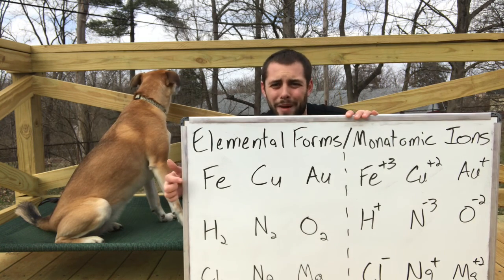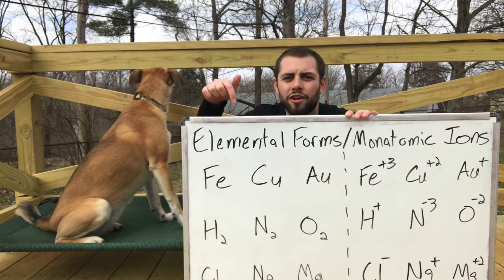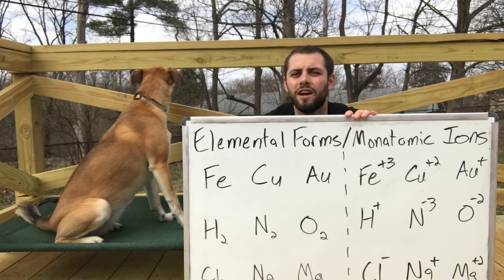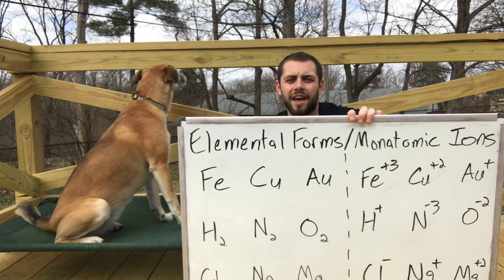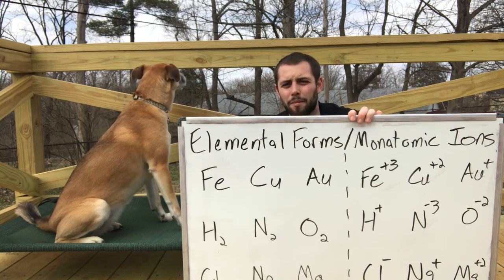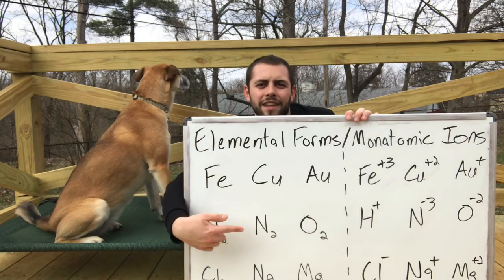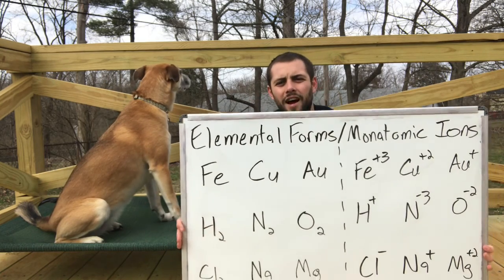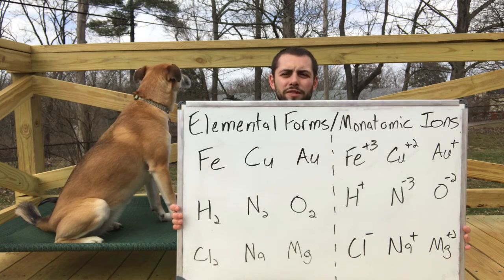If we think about metals, it'll look like it has no charge, like iron or copper or gold. But not everything is found as a monatomic element. Some of them are diatomic, like some gases, like hydrogen gas or nitrogen gas or oxygen gas. These will be diatomic. We'll see them move around in groups of 2.